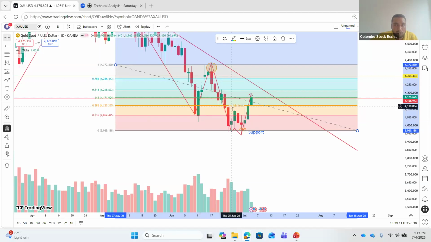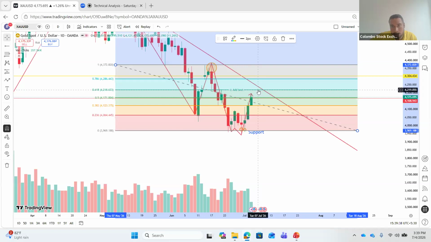From this total move, we can consider it a 100% move, and these are the percentage levels. In a downtrend, I prefer to enter a short position from this range, from the 50% level to the 61.8% level. This range is a very good opportunity for me. That is actually my strategy.